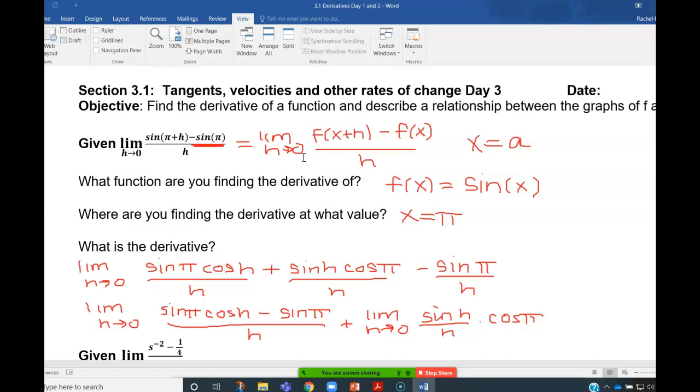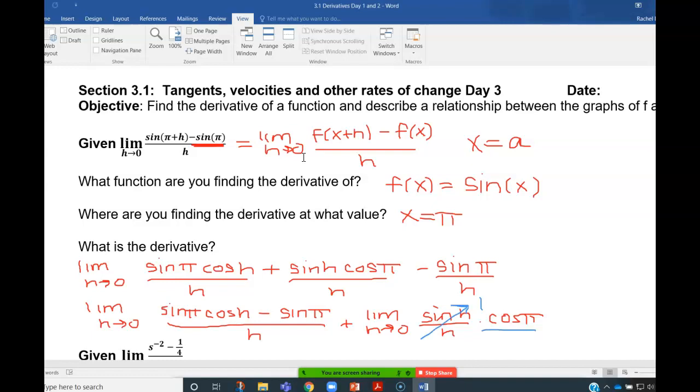And if you recall, we have two special limit formulas. The limit as x approaches 0 of sine x over x is always 1. So I have the limit over here as h approaches 0 of sine h over h becoming 1.